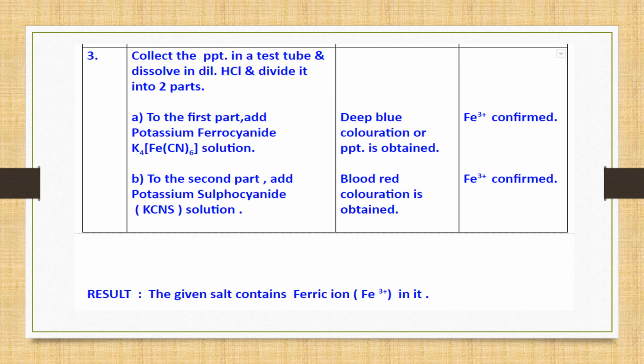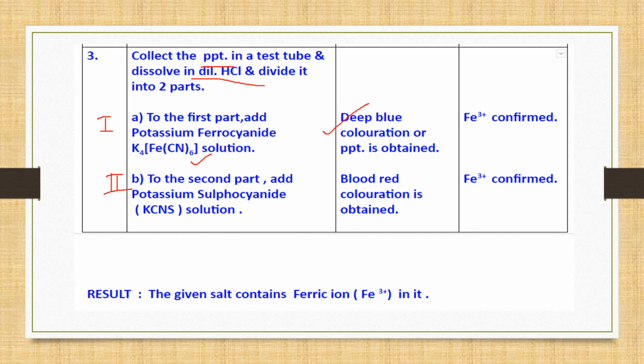Now the confirmatory tests, the same way as we have done for Al3+. Here also we'll collect the precipitate and dissolve it in dilute HCl. Then we'll divide it into two parts. To the first part, you will add potassium ferrocyanide solution and it will give you an instant deep blue coloration or precipitation in the test tube.